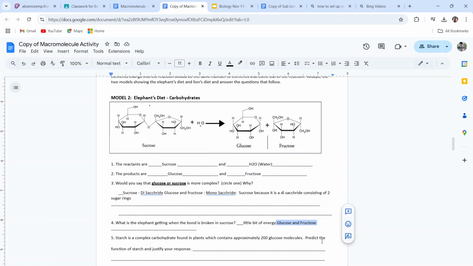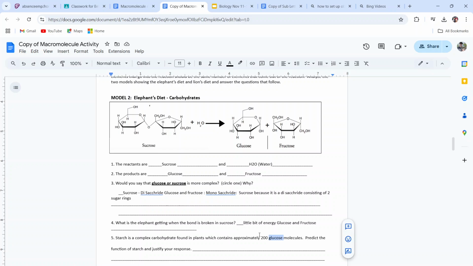Now for the next part, it says that starch is a complex carbohydrate that is found in plants, which contains approximately 200 glucose molecules. Now glucose, being that monosaccharide, can also be classified as a carbohydrate.